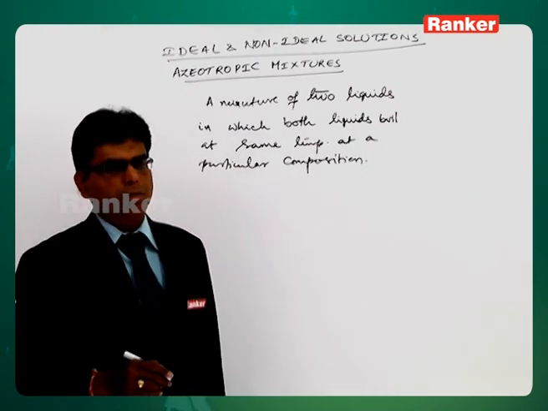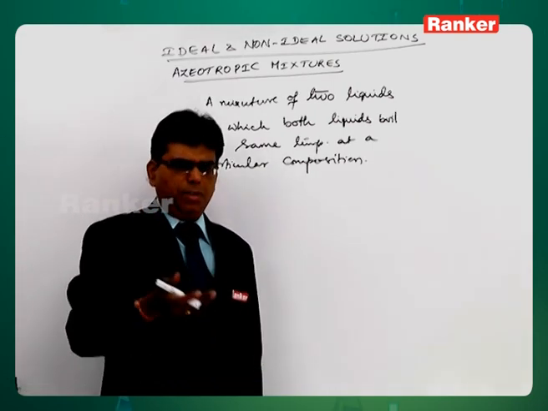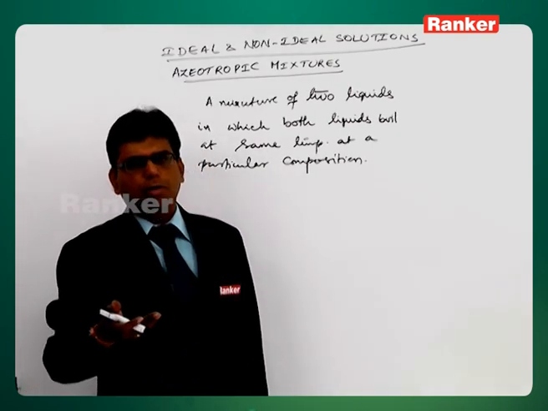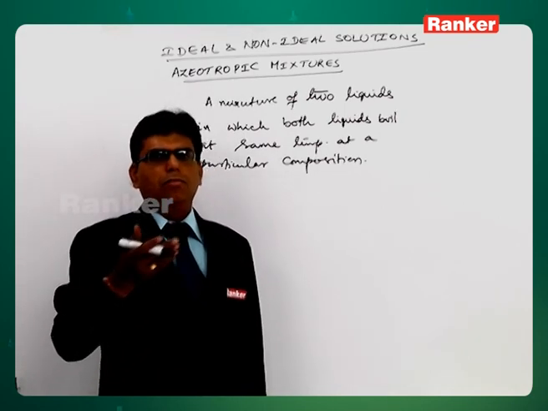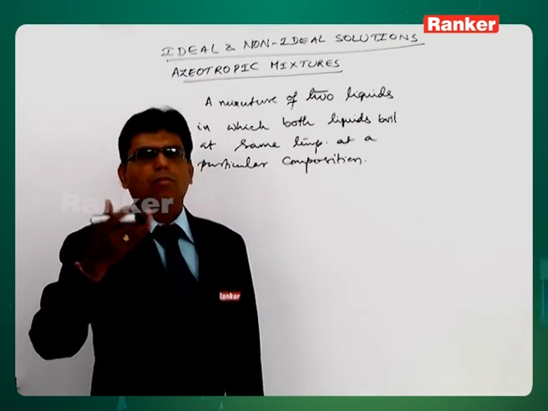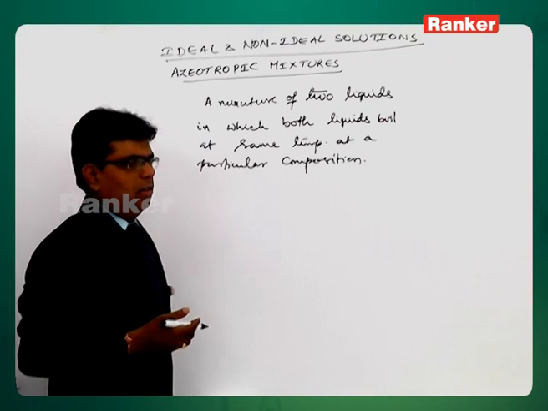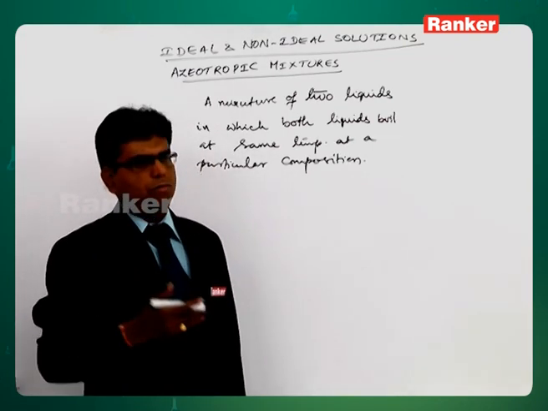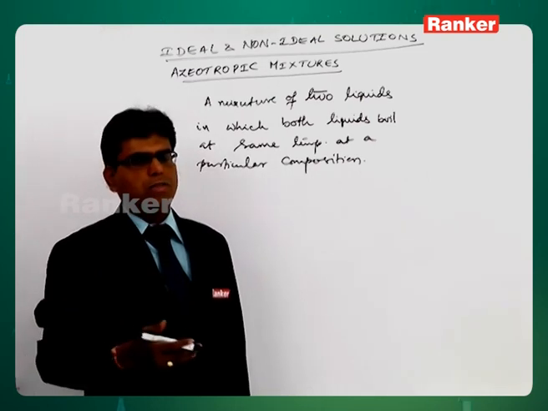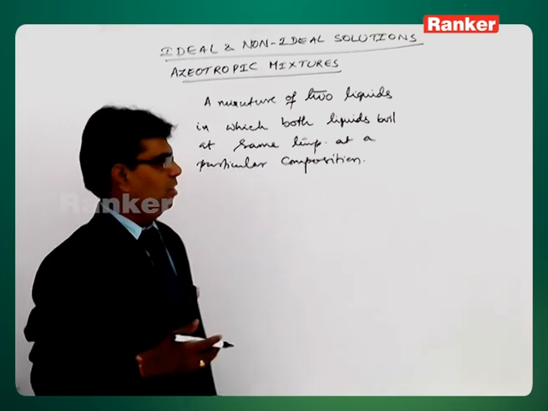This is the principle we use in fractional distillation, or in other words, fractional distillation is a technique in which two liquids are separated from a mixture based on the difference in their boiling points. Now, if it is an ideal solution, of course, the two liquids will have different boiling points and can be separated from one another by fractional distillation.